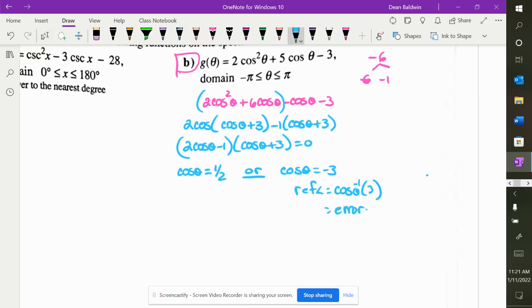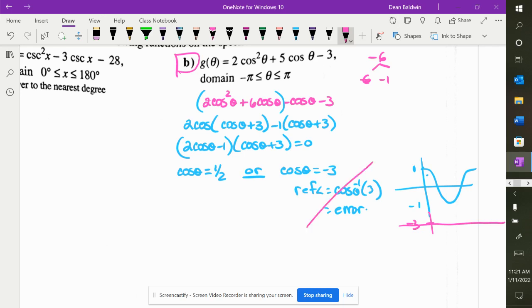The reason you're getting error is because on a cosine graph, what is the maximum? 1. What's the minimum? -1. So when you write cos theta equals -3, what you're saying is, where does it equal -3? Does it ever equal -3? No. So the answer is error. It doesn't exist. There's no answer from that half of the question.